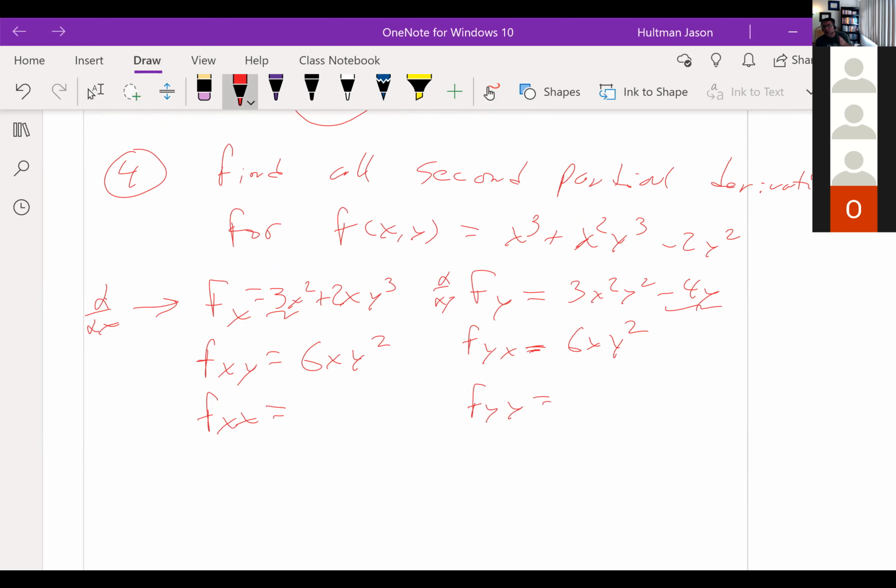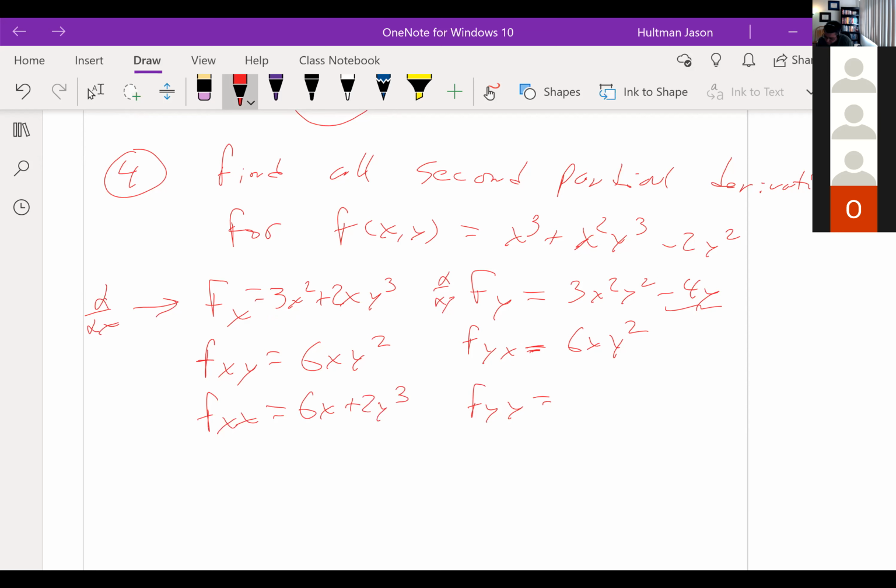Make sure that you give me all 4, not just 2 of them. Now let's take the partial with respect to x, then with respect to x again. Well, what's that going to be up here? That's going to be 6x plus, with respect to x, just 2y cubed.